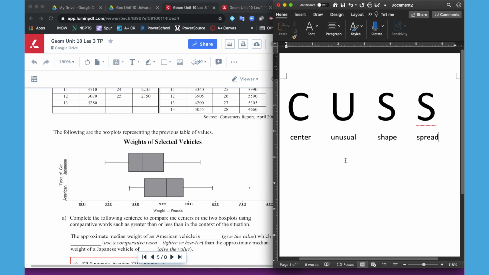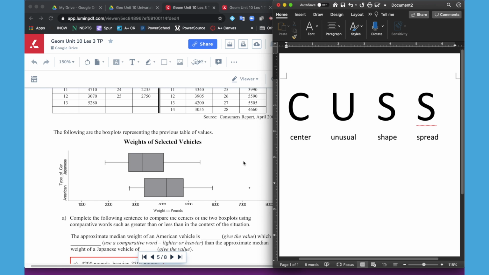We've talked about everything but unusual features, and the American does have an outlier that weighs more than any of the others at all. And the Japanese do not have any outliers. So you want to make sure that they're using comparison words to do this and not just describing.